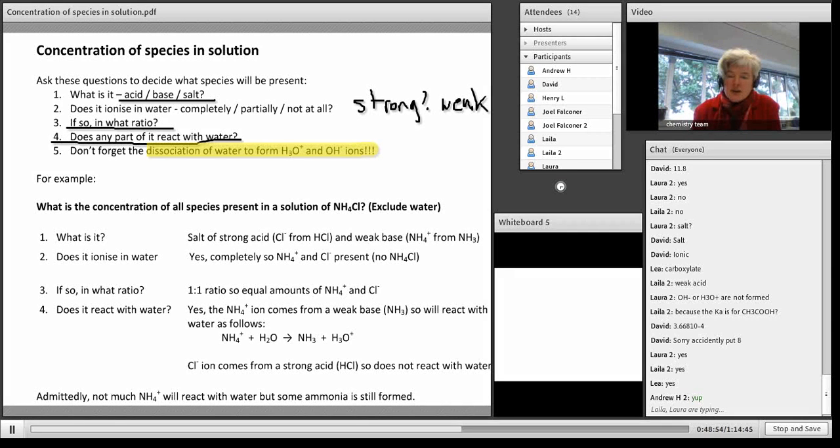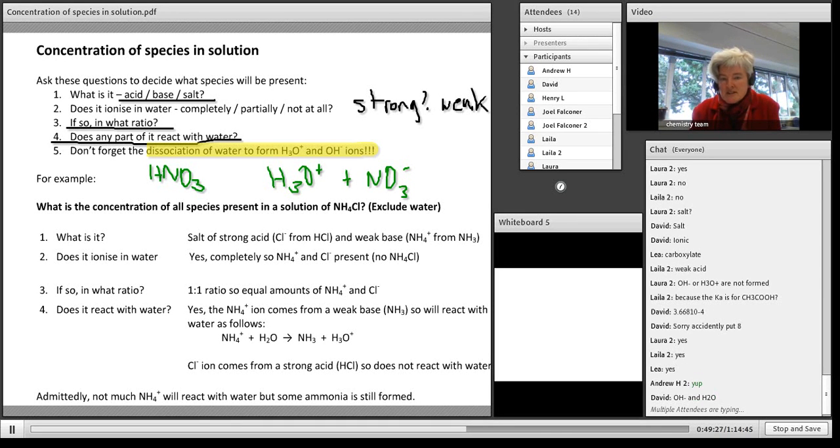So even if I had a strong acid, say nitric acid, which was the first example we had, if I write my nitric acid, okay, we said it dissociated completely. So we said it all forms hydronium ions and nitrate ions. But do I have anything else in my solution?